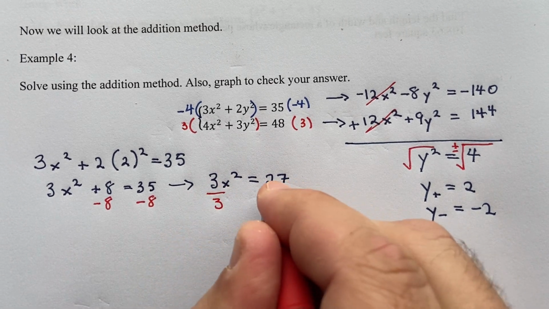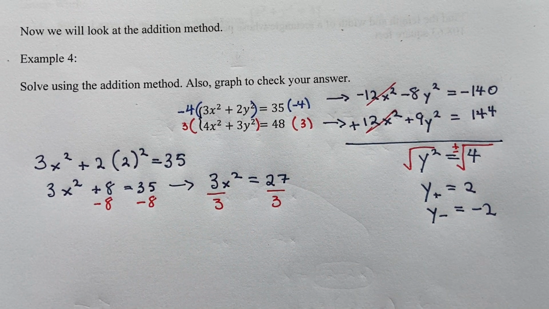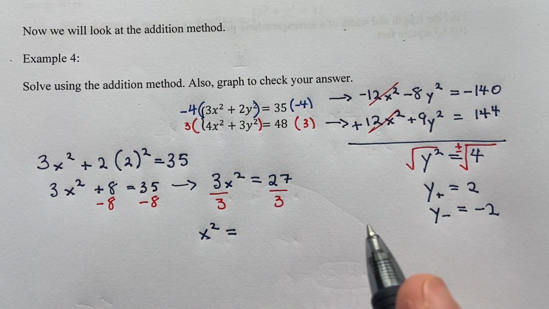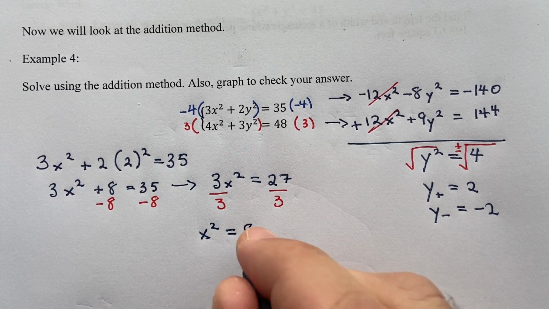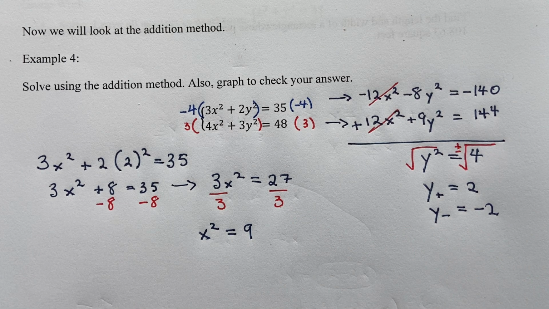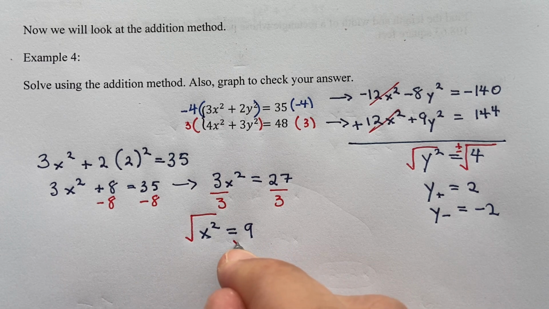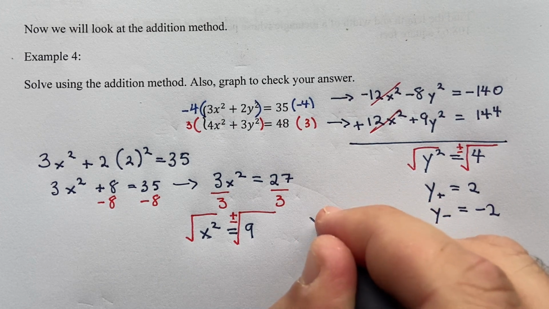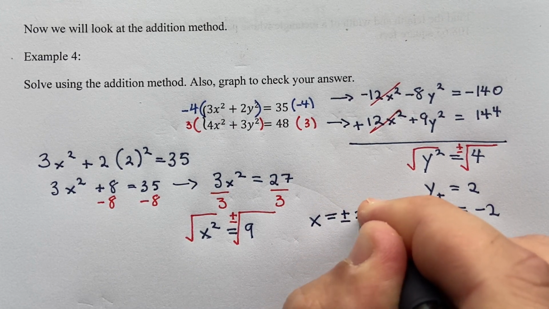Divide by 3. We get x squared equals 9. Okay. So take a square root, plus and minus. So we get that x is plus and minus 3 actually.